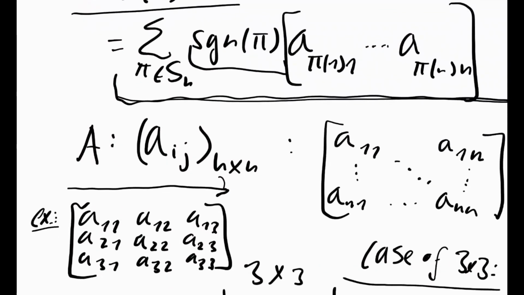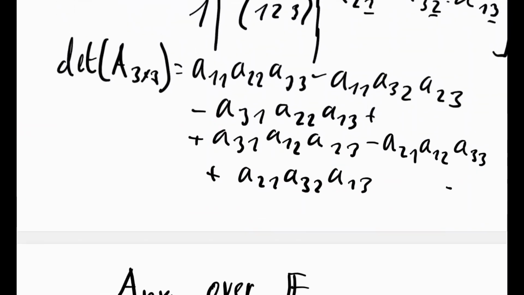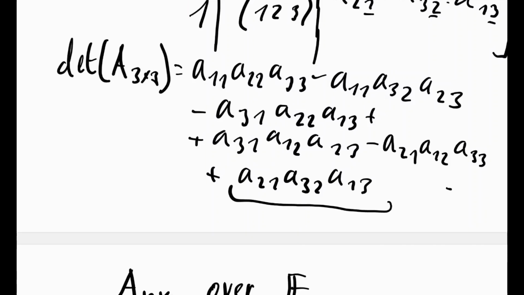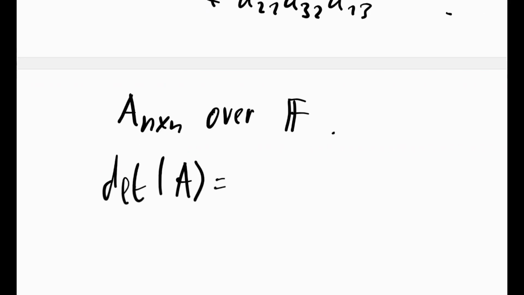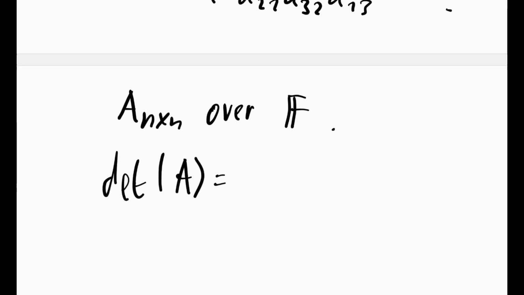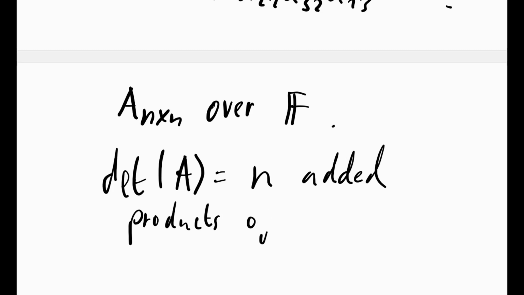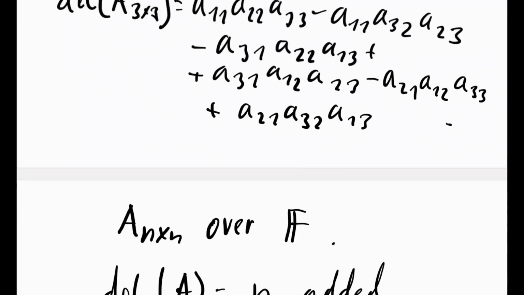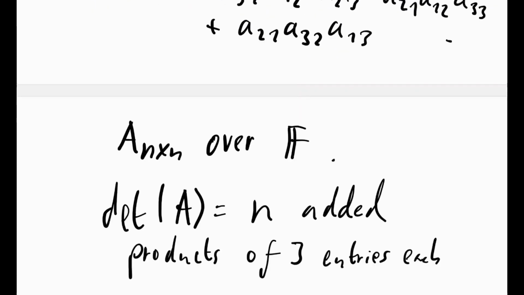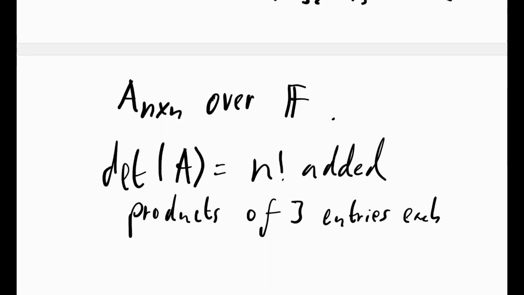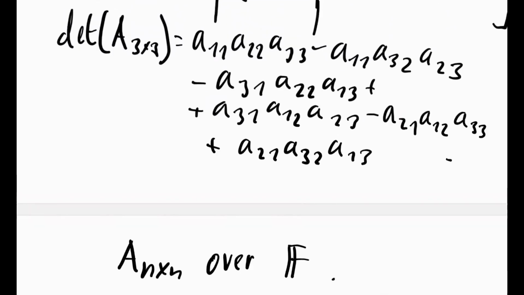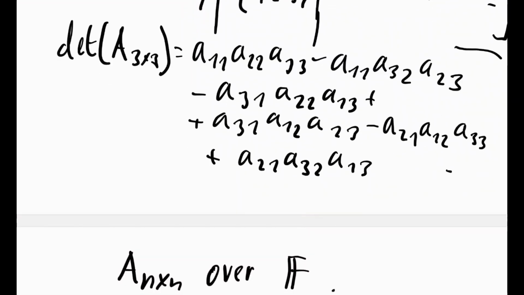So it wouldn't be products of 3 elements, but it would be n factorial added products of n entries each, because for 3 by 3 it was 6 terms, for each of which we had to find out if it is a plus or minus.